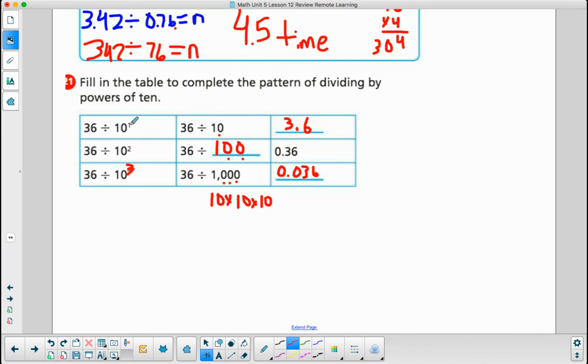Notice, exponent 1, 1 zero, 1 place that each digit shifted. Exponent is 2, 2 zeros, each digit shifted 2 places. Exponent is 3, 3 zeros, each digit shifted 1, 2, 3 places. Thank you for viewing.